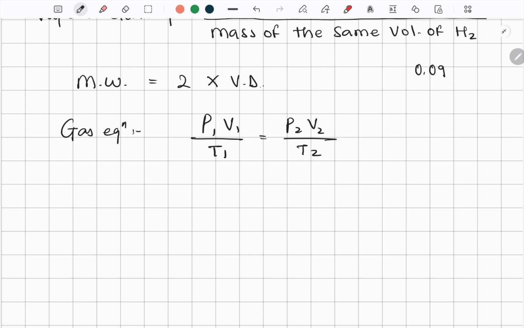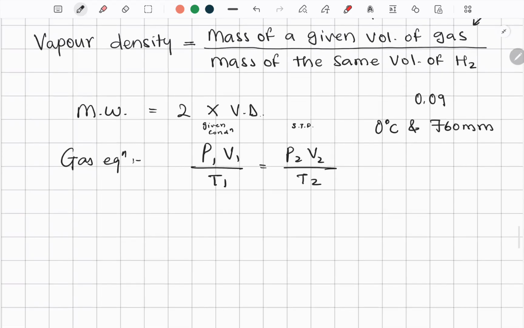Assume that P1, V1 and T1 are at the given condition, which is 17 degrees Celsius and 1520 millimeter pressure, and P2, V2 and T2 are the physical conditions at s.t.p., which is 0 degrees Celsius and 760 millimeter pressure. Now let's solve this in order to calculate the volume at s.t.p.